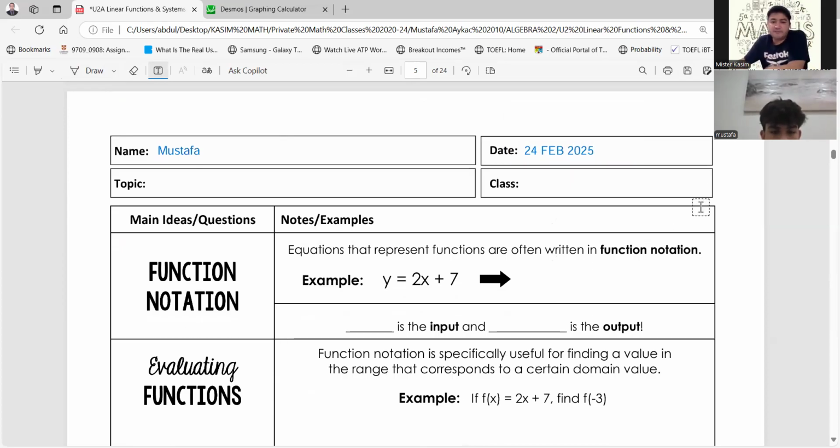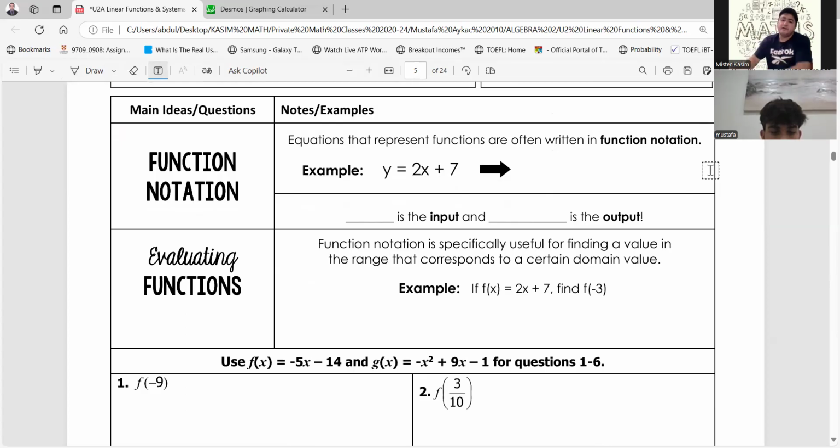Okay. Now, Mustafa, equations that represent functions are often written in function notation. Why is it so? Because it's easy to see at what value I am evaluating the function. I can write y equals 2x plus 7, but instead how about if I write f of x is equal to 2x plus 7.